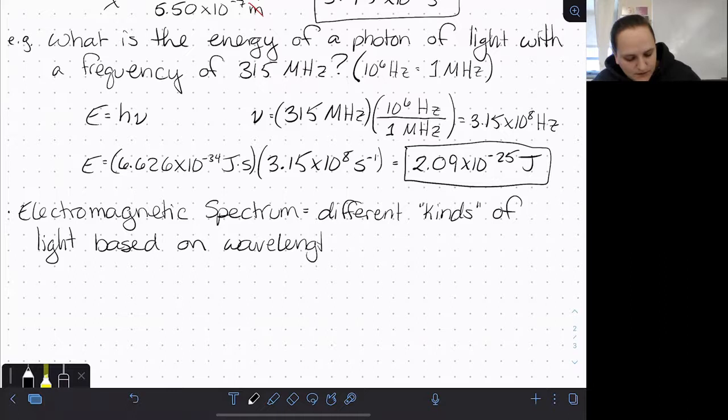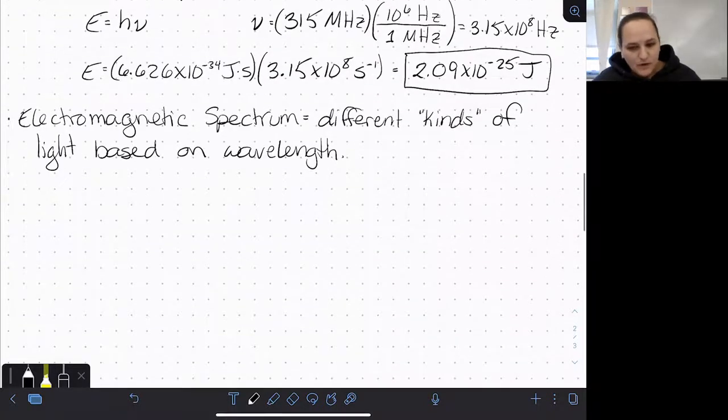And the distinctions are made largely on how different types of light interact with matter. So different regions of the electromagnetic spectrum interact with matter in different ways and give us different types of information. So that's kind of where these different distinctions are coming from and where the cutoffs are coming from.